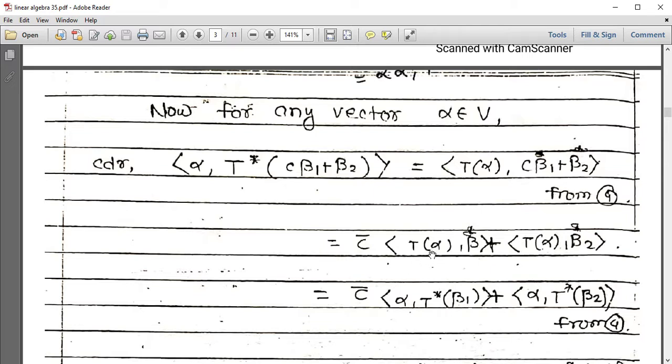What is the value of T of alpha with beta 1? It is the inner product of alpha and T star of beta 1. And the inner product of T of alpha and beta 2 is nothing but the inner product of alpha and T star of beta 2.